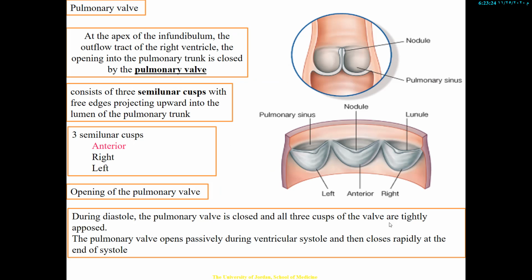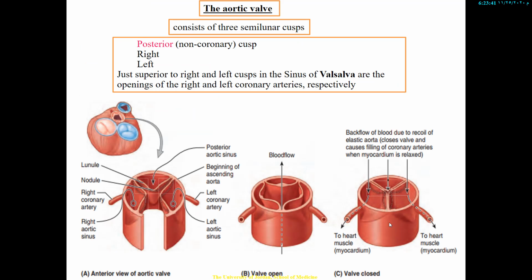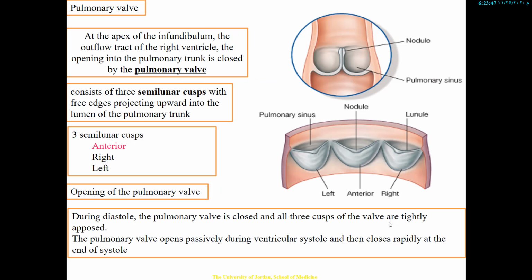The pulmonary valve has also three cusps. One of them is anterior, and the other two are right and left. Here we have aortic, one posterior, then right and left. Here in the pulmonary we have anterior, right and left.